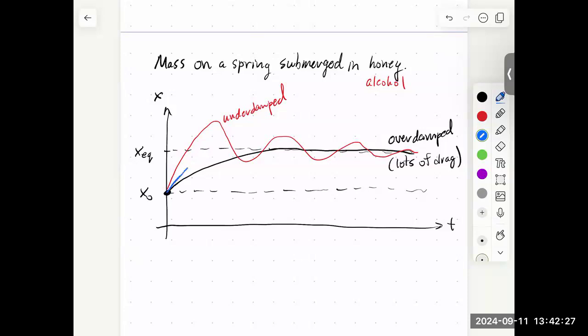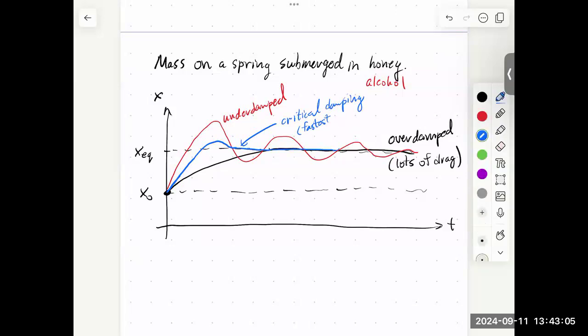And in critical damping, what happens is you have just one small overshoot until you settle in. Oh, I'm going to adjust this a little bit. I want the critical damping one to look like it reaches equilibrium the fastest. So this is critical damping, which is the fastest approach.